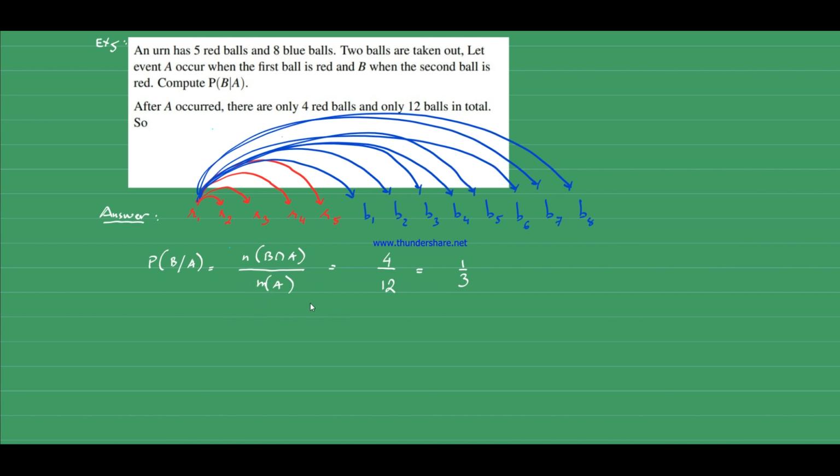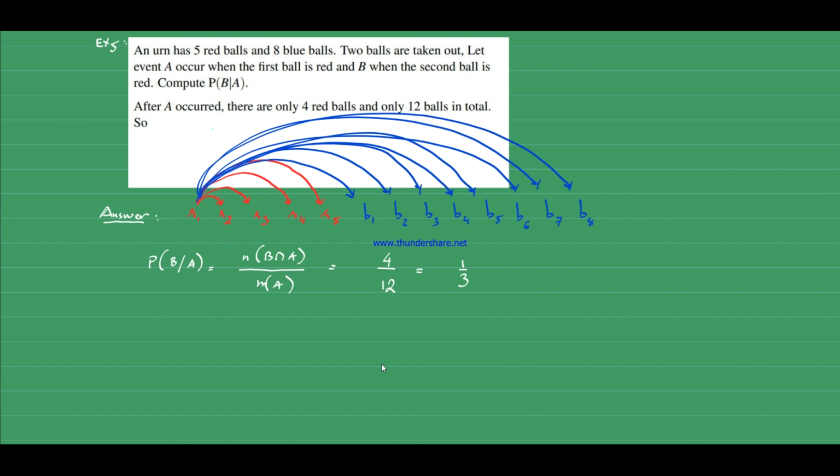Actually, at this moment, I focus on the first formula. I haven't figured out how to do the second formula yet, because I need to figure out the total number of elements in the sample space. That's pretty big, because you pick two balls, and the first ball is red, so probably you have to use the counting principle.